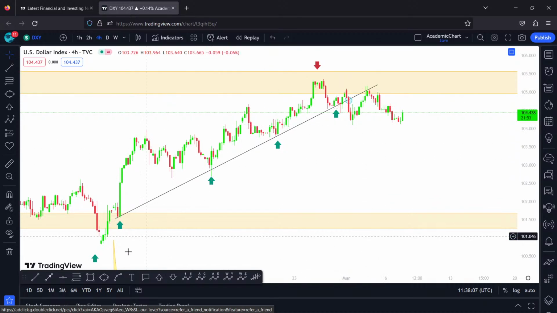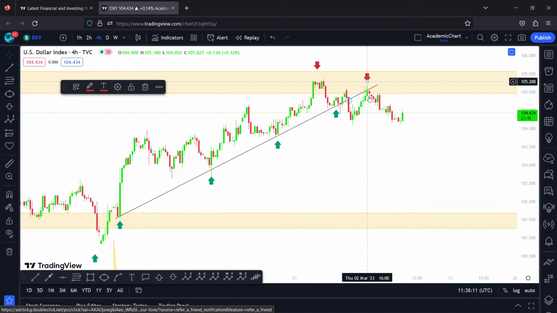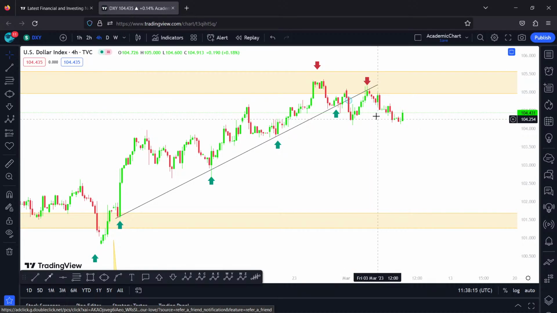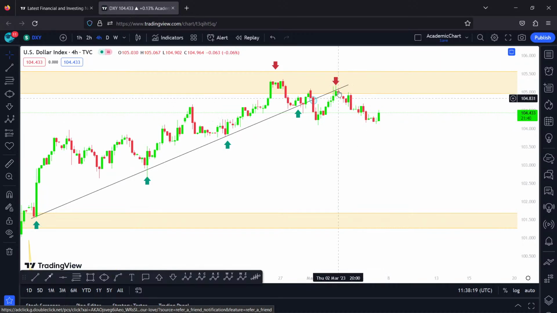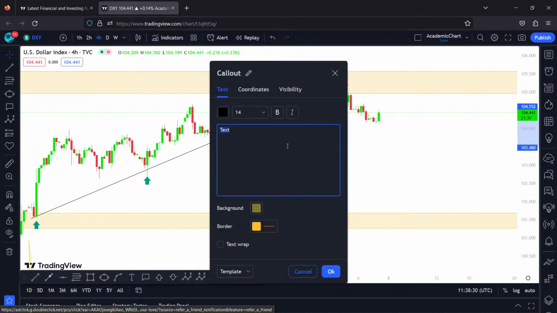So here now the polarity principle just kicked in and said, no, I'm resistance. I'm not support anymore. I'm resistance. I will prevent you from actually increasing. So these two things, the breakout and its retest, I can just call out with the call out tool here.